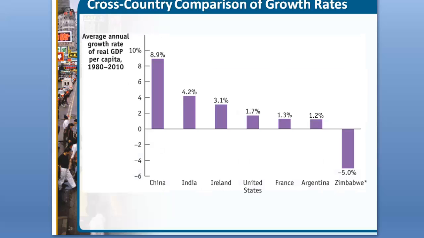A cross-country comparison of growth rates shows China growing at about 9% per year between 1980 and 2010, India growing about half that at 4.2%, Ireland at 3.1%, the United States at about 1.7%, France at 1.3%, Argentina at 1.2%, and Zimbabwe's economy shrinking, or decreasing, by 5% per year.